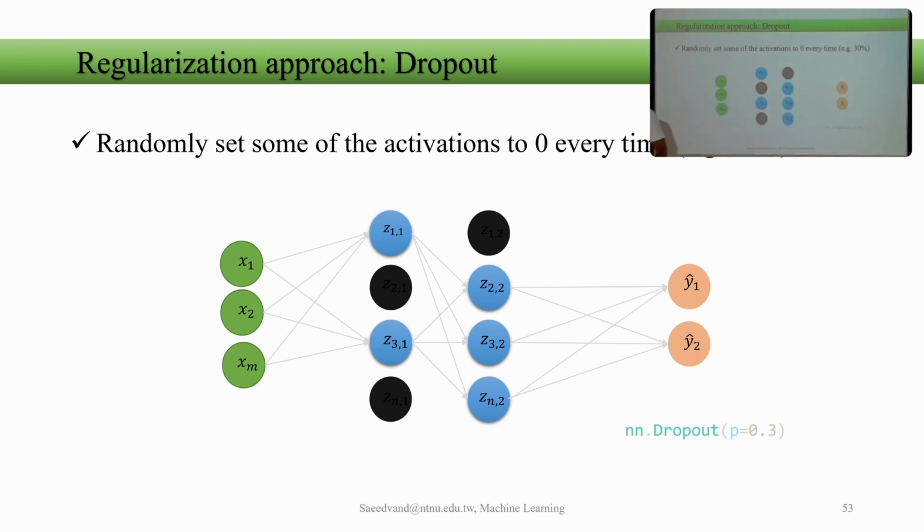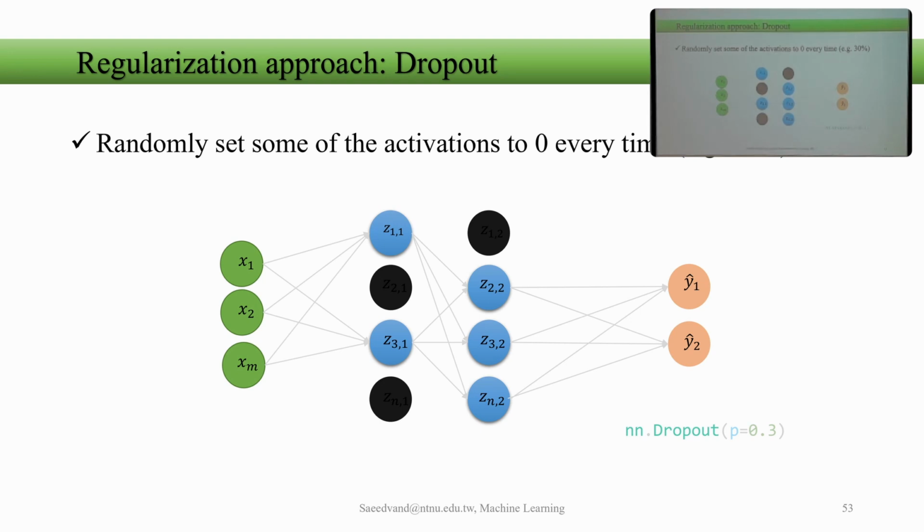For example, I can remove some of the nodes randomly every time. For example, for 30% of the nodes, I can set the weights to 0 randomly in the calculation. So what is happening here is that my network cannot memorize everything. Sometimes it forgets some data in the middle, and that forgetting causes your network not to overfit to your training data.